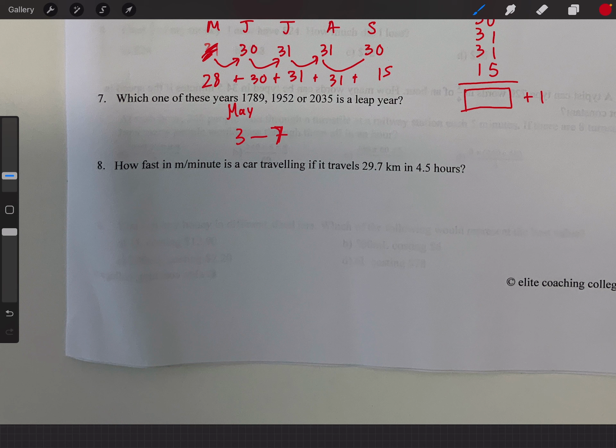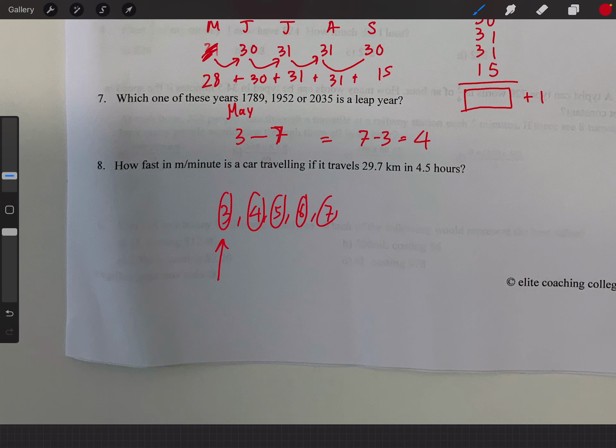You might be tempted to think it's just 7 take away 3, which means 4 days. Well, let's have a look. 3, 4, 5, 6, 7. How many days do we got? We got 1, 2, 3, 4, 5. We got 5 days, and the reason is because we included the 3.